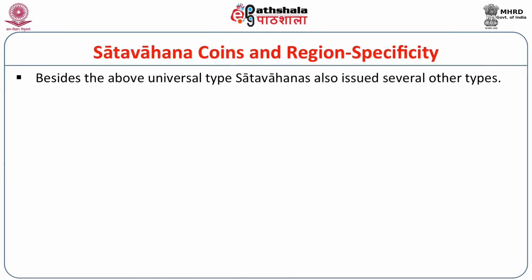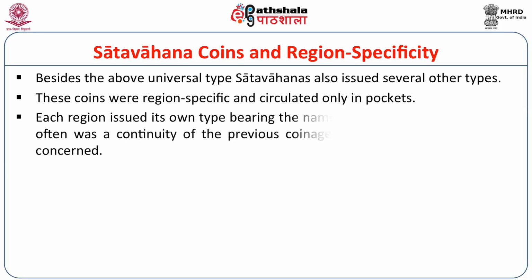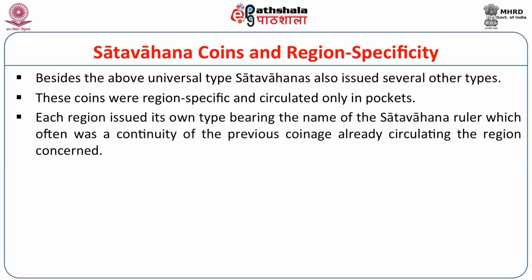Besides the above mentioned universal type, the Satavahanas issued several other types. These coins were basically region specific and circulated only in pockets, as we have discussed. Each region issued its own type bearing the name of the Satavahana ruler, which often was a continuity of the previous coinage already circulating in that region.